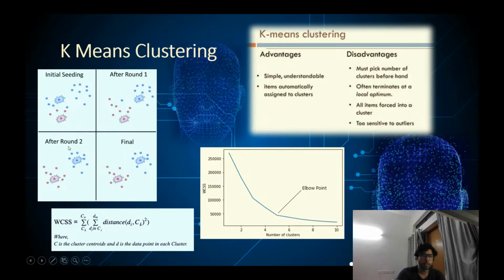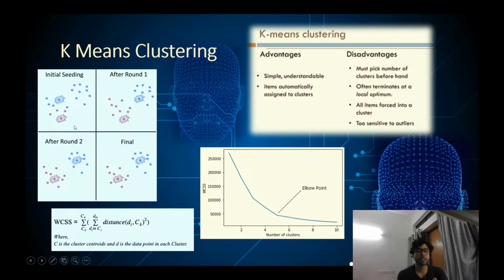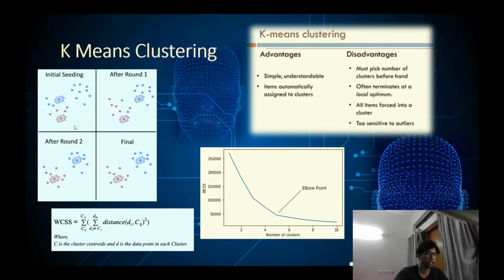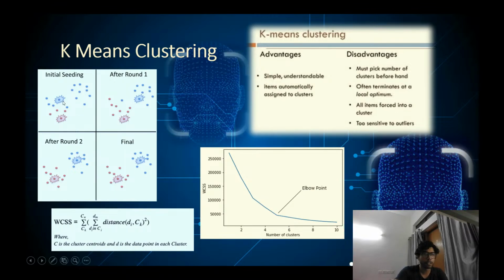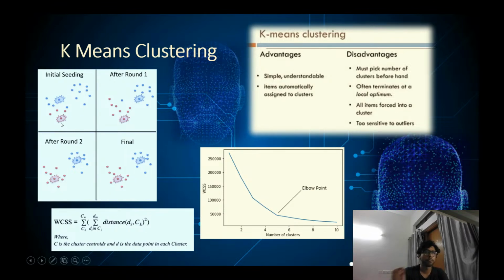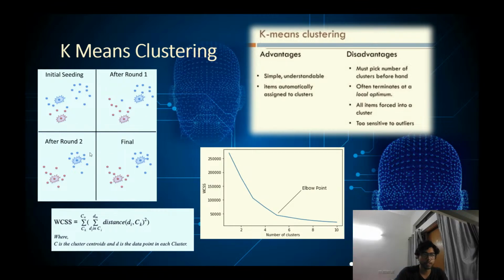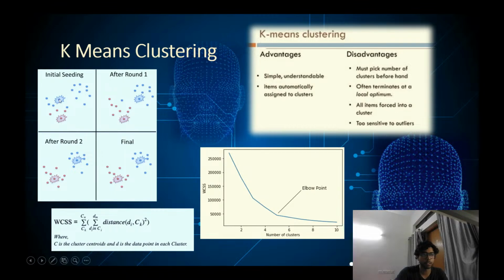So for example, what you do, you start with some initial seeding. And by initial seeding, what I mean is that you choose randomly any 2 points as your initial centroids, right? So in this case, I have chosen this point as one centroid, this point as the second centroid.